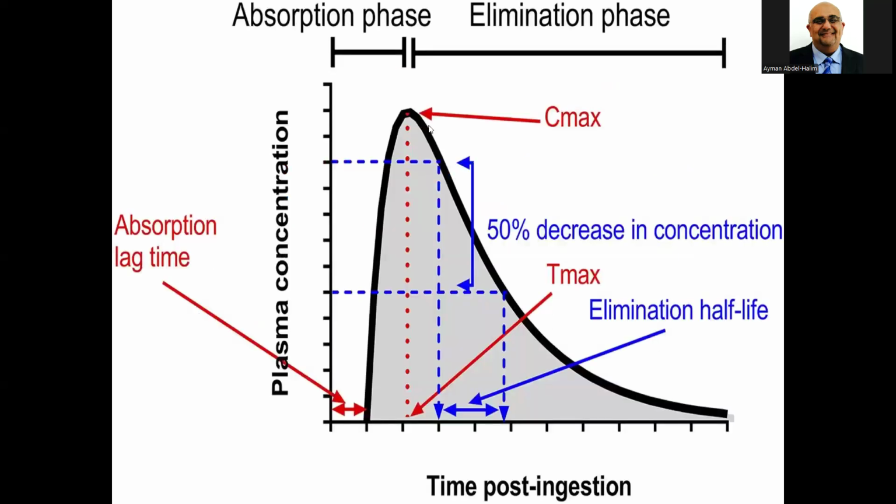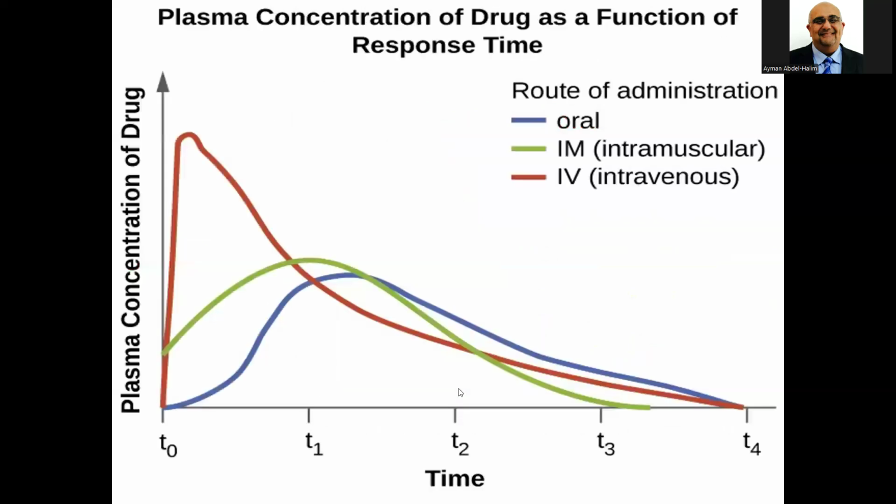This is basically the Cmax, the 50% decrease in the concentration, the elimination half-life, and this is a comparison between different routes of administration: oral, IM, and IV.